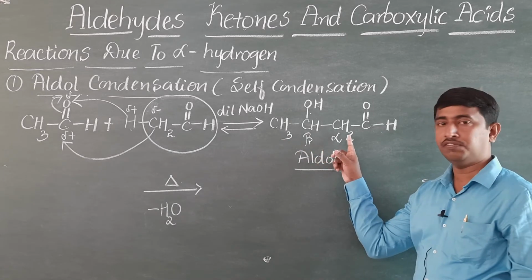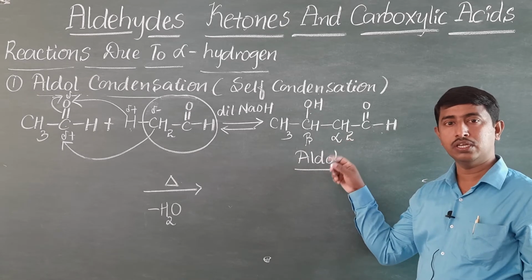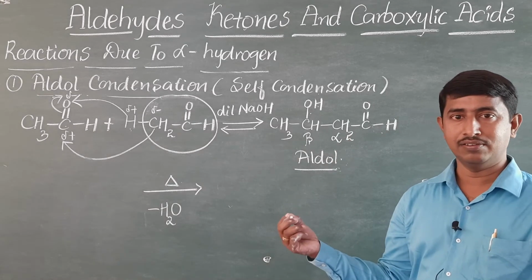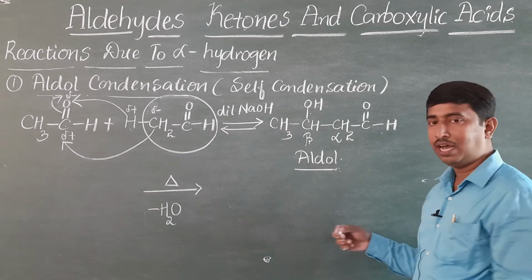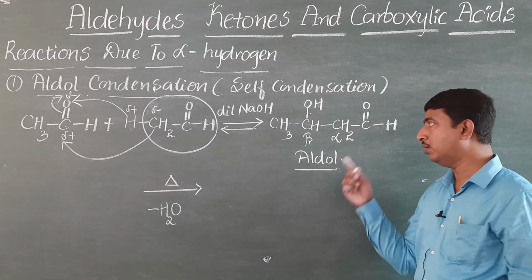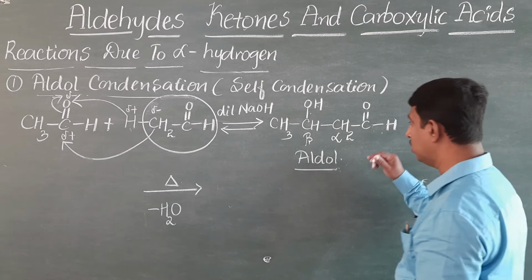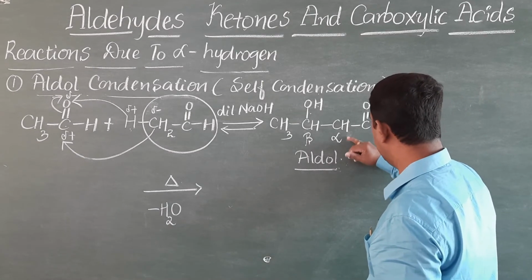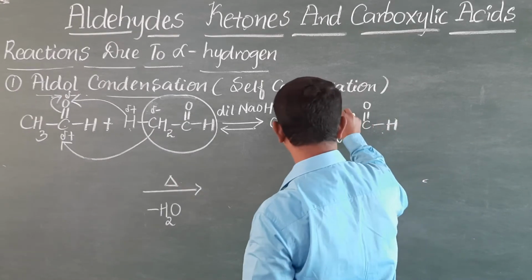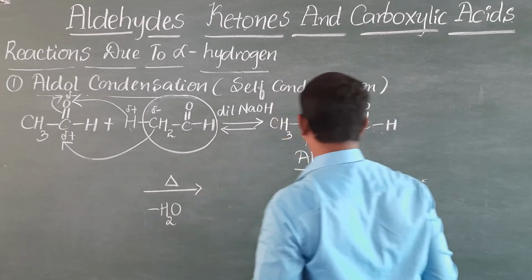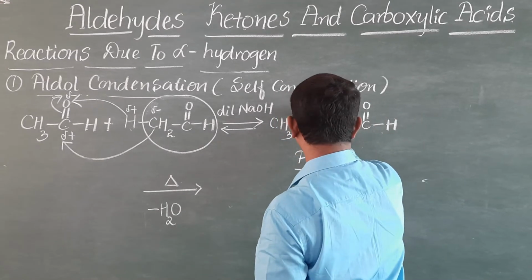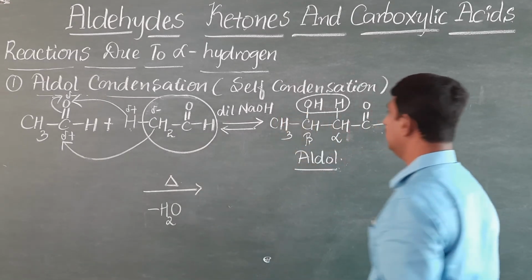Remove hydrogen from alpha carbon because removal of hydrogen from the alpha carbon atom is easier, because those hydrogen atoms are acidic. So I will remove one of the hydrogen. I will write that hydrogen above like this. So the water molecule will be removed upon heating.